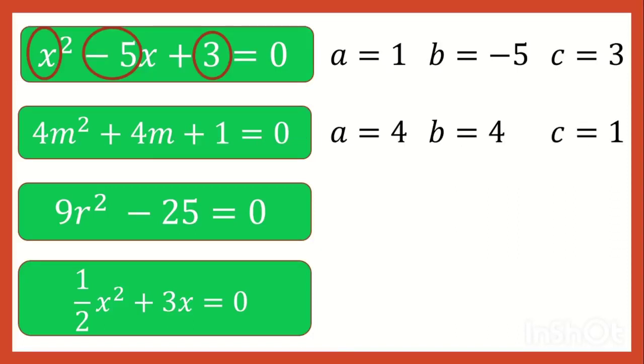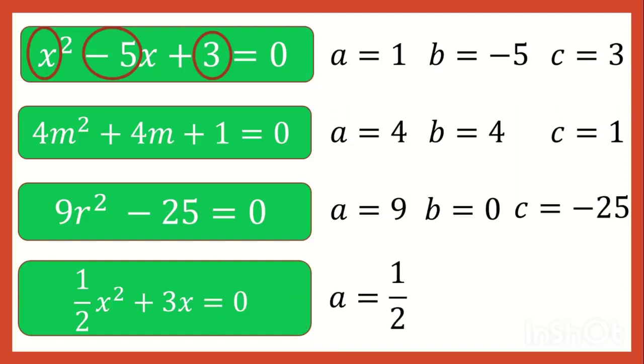Next, in this given example, 9r squared minus 25, we do not have the b value. So, what will be the b value kapag wala siya dun sa quadratic equation? So, our a will be 9, b will become 0, and then c is equal to negative 25.